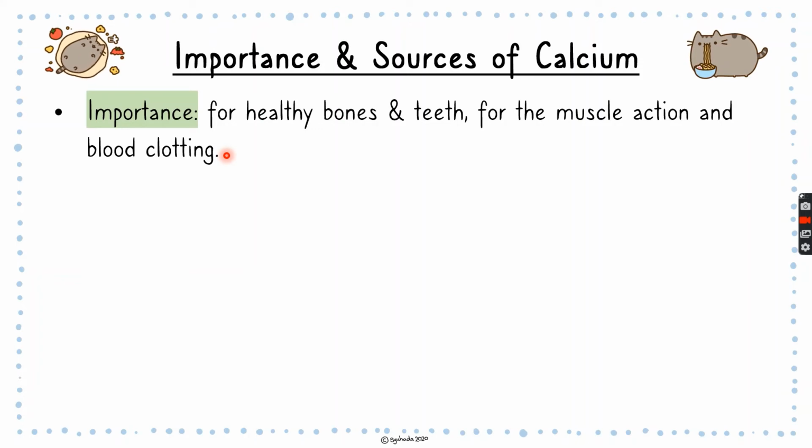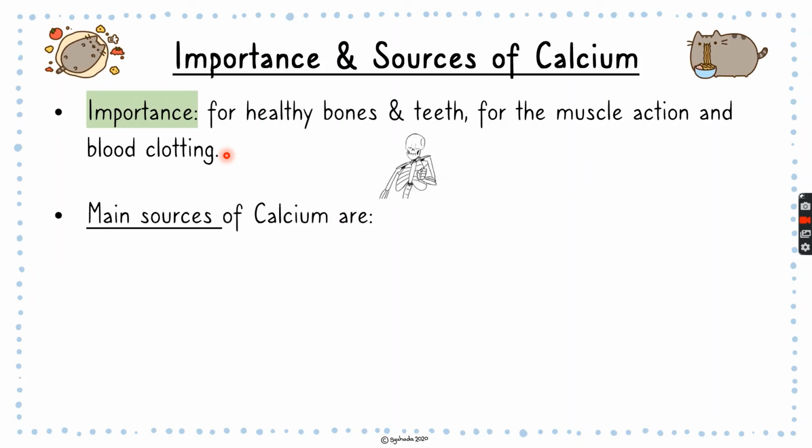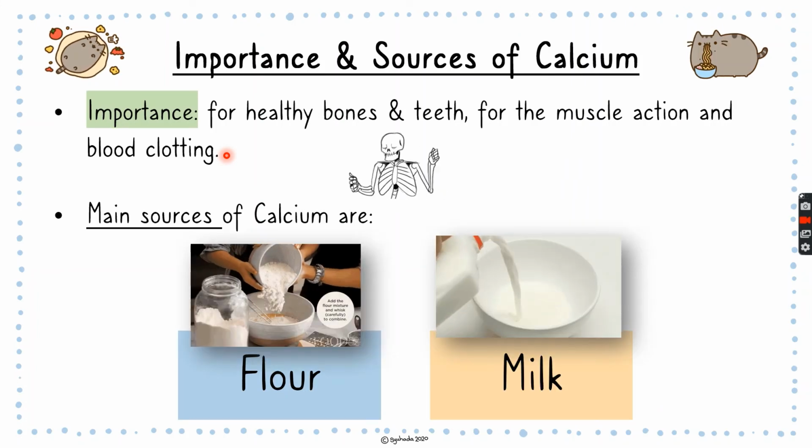So what happens is that the platelets in your blood block that cut, the opening of that tissue, and it will form a blood clot. The main sources of calcium are flour and milk.